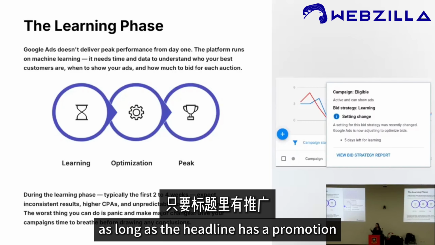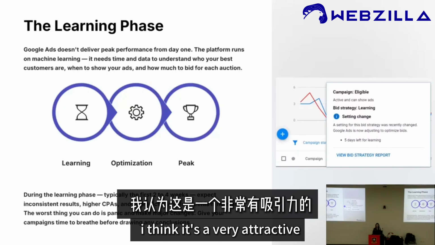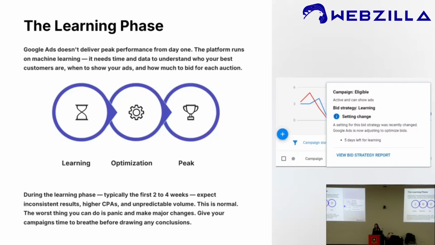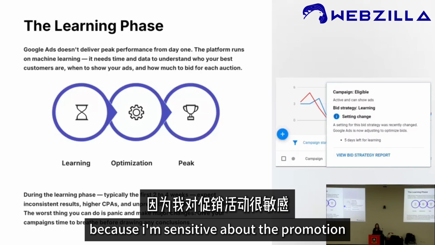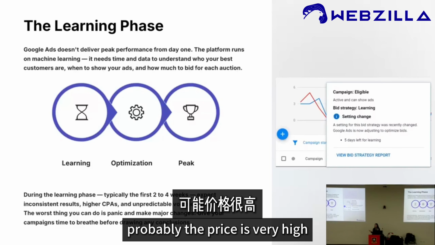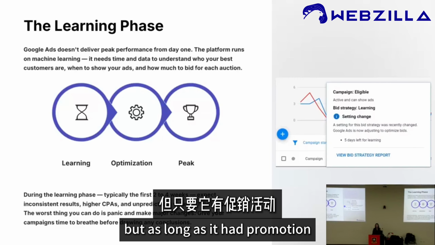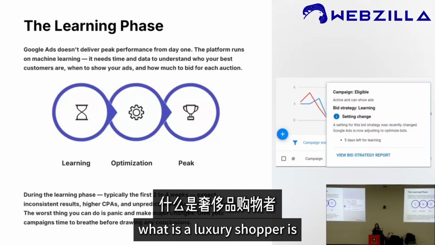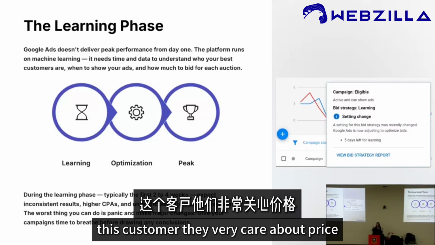As long as the headline has a promotion, I think it's very attractive, so Google will think I'm a bargain shopper, because I'm sensitive to the promotion, not the price. Probably the price is very high, probably very low, but as long as it has a promotion, I'm a bargain shopper.